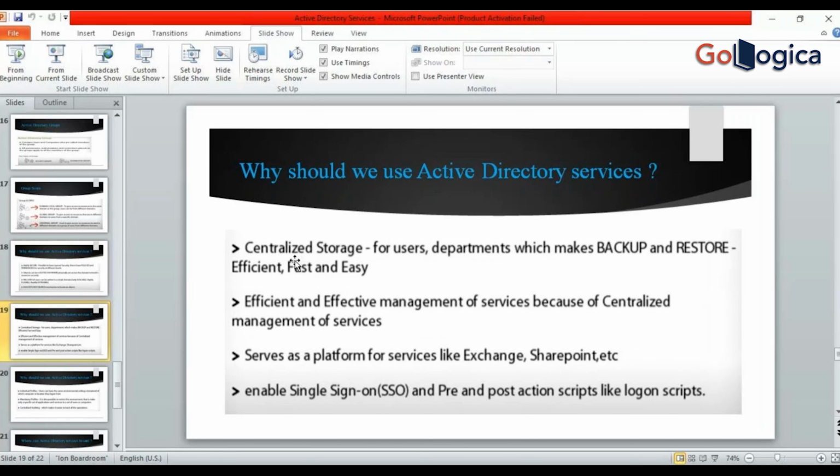It is a centralized storage area, where any type of backup and restoration can happen. It offers efficient, effective management, and it serves like an Exchange site or SharePoint site. It gives you single sign-on and pre and post scripting, whether at the time of logon or logoff scripts.